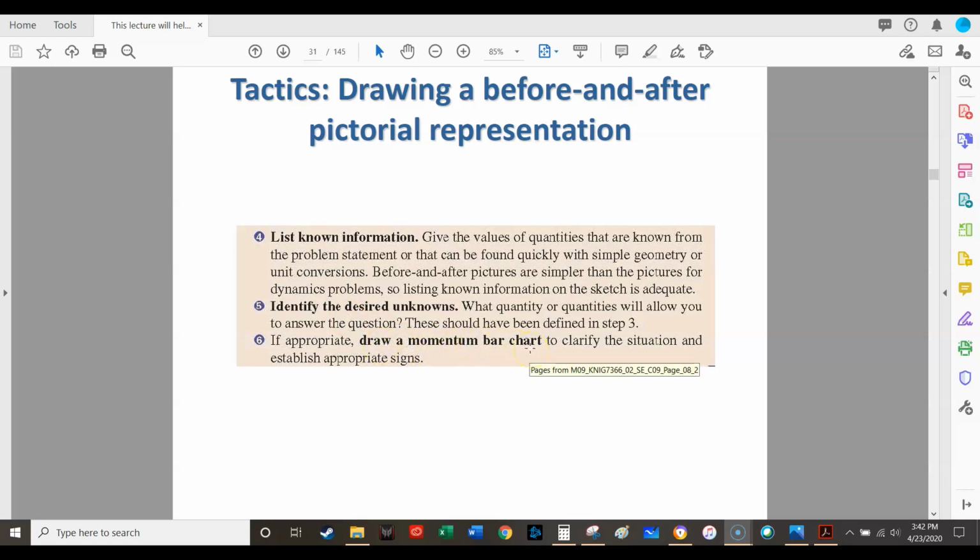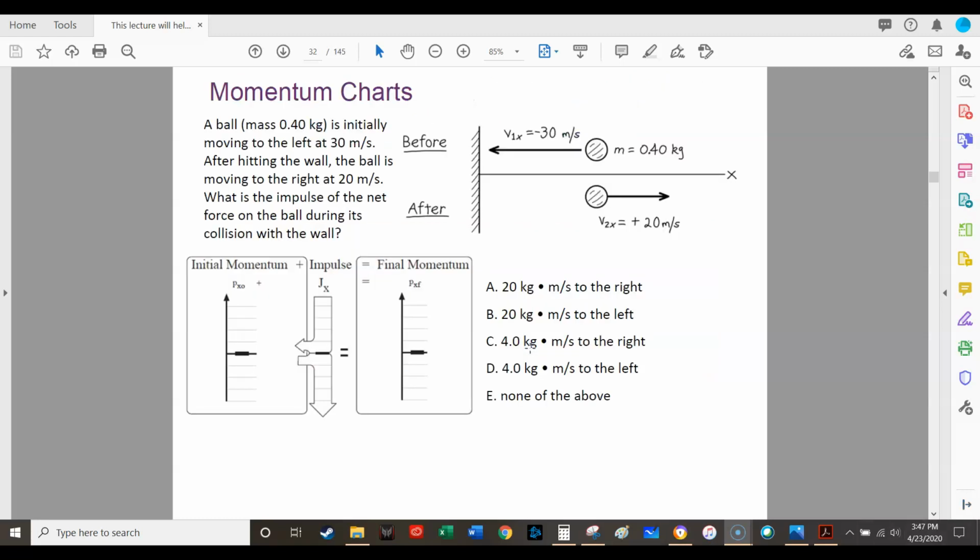Momentum bar charts help you identify the positive and negative momentums, but also help you build your equations, right? So let's go ahead and do that. Here we have the first problem, and I'm going to try to train you on how to do momentum bar charts using an actual problem, okay?